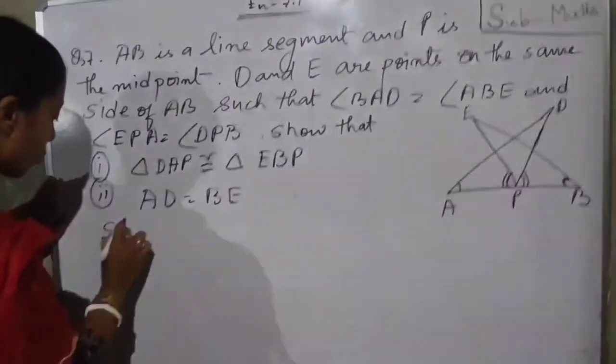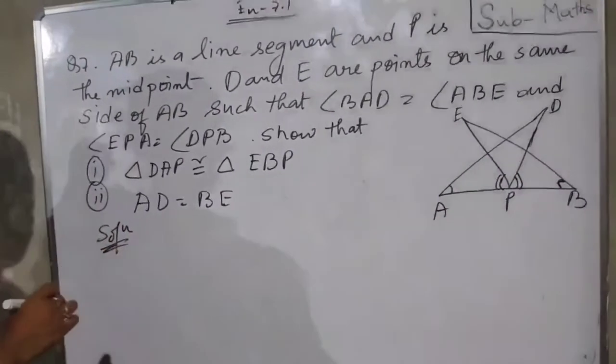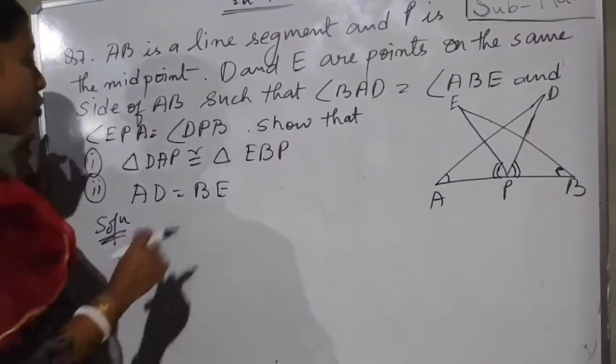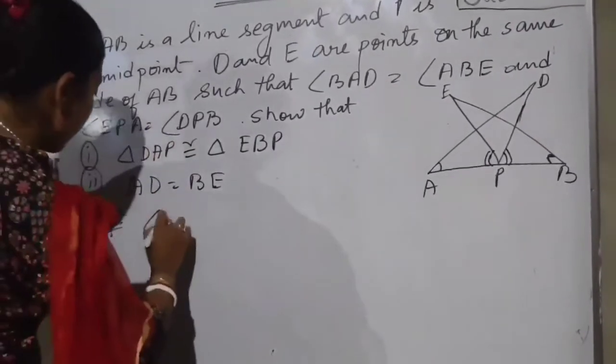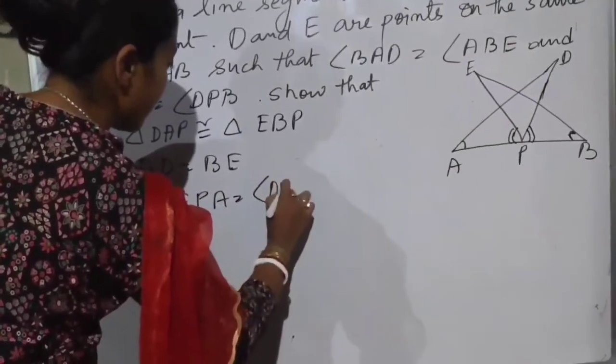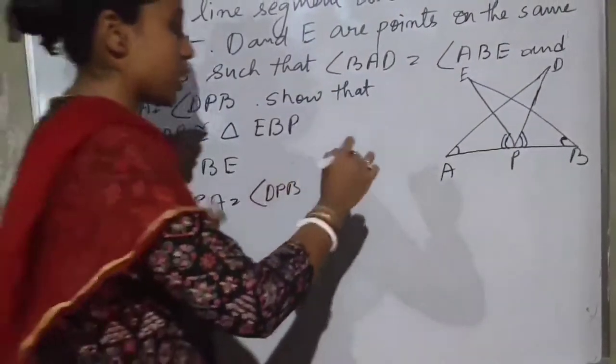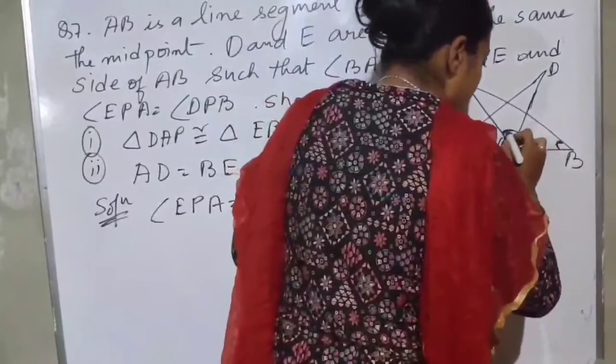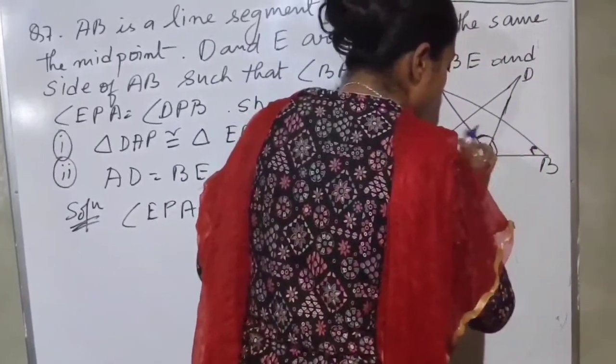So let's start. What we will do is like question number 6 only. You will take this one, angle EPA equal to angle DPB. You see this angle EPD is common to both.